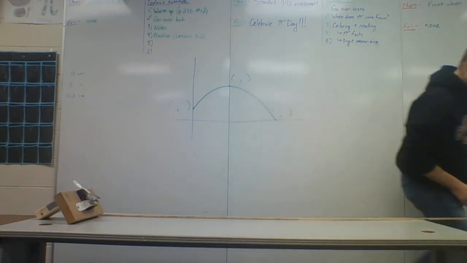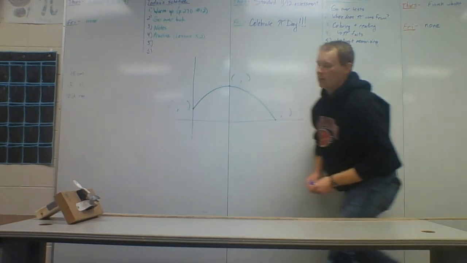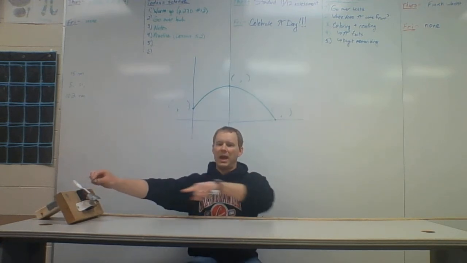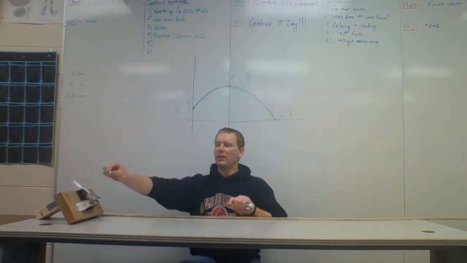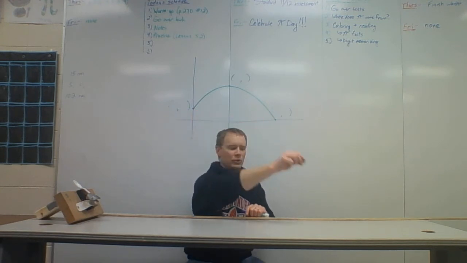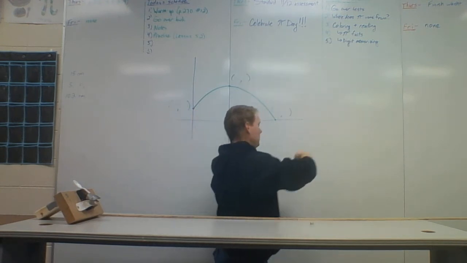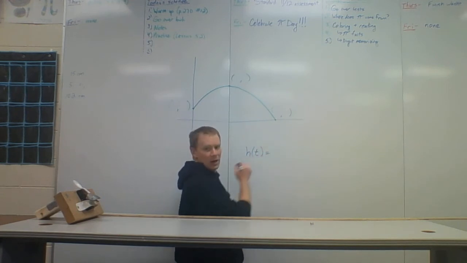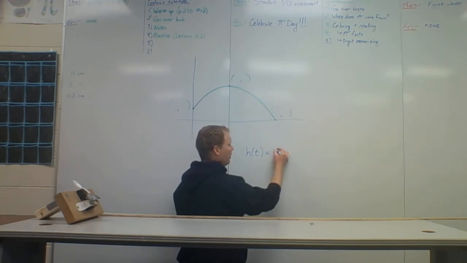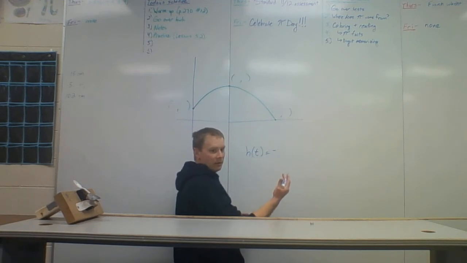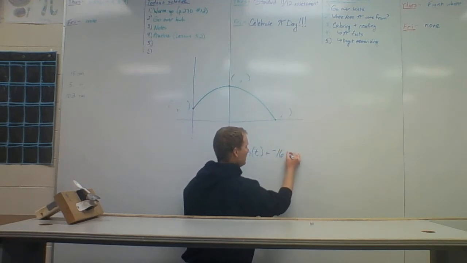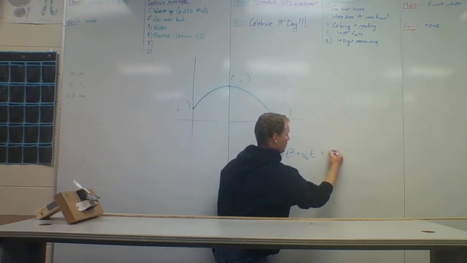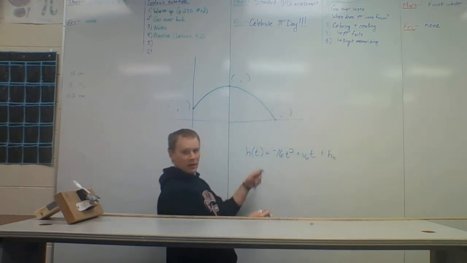Now, we've been talking about an equation that represents, as time goes on, the height of this projectile. We've been doing these equations like the height as a function of time, where, in feet, it was -16t squared plus the initial velocity times t plus the initial height.